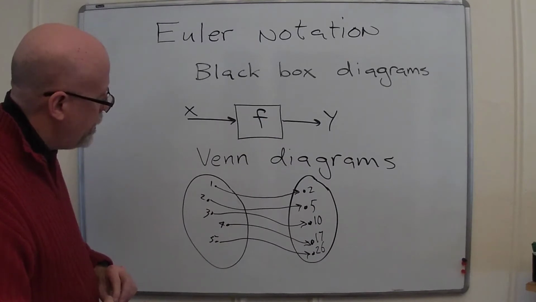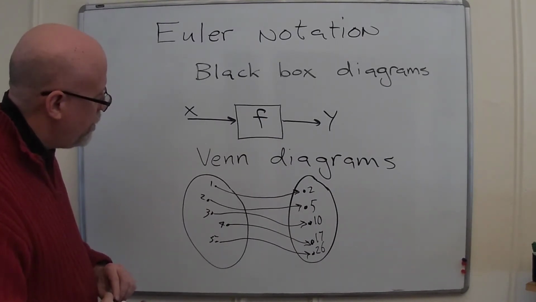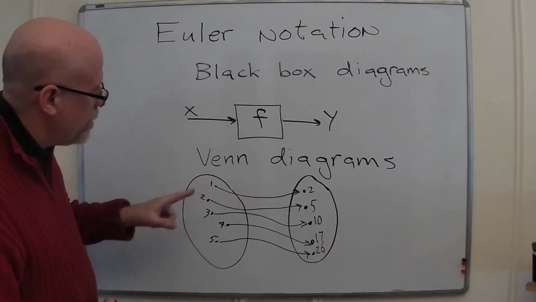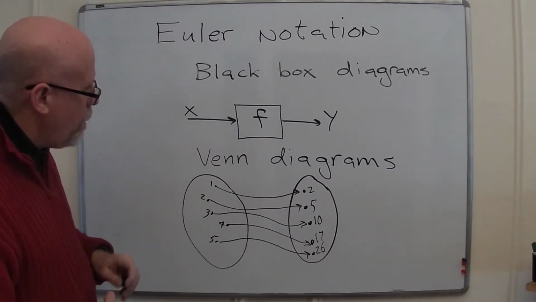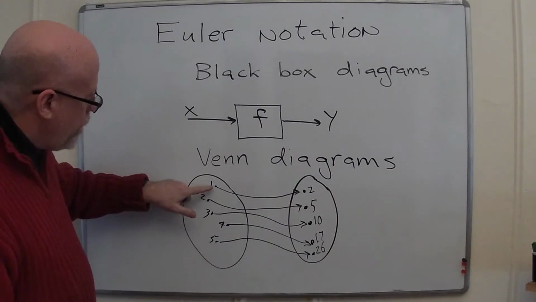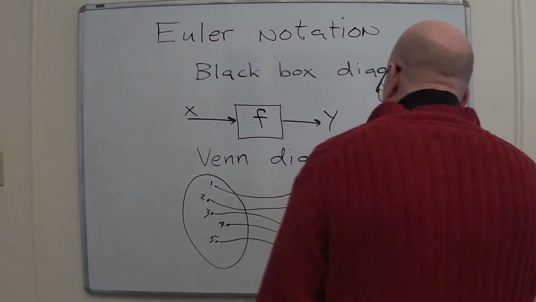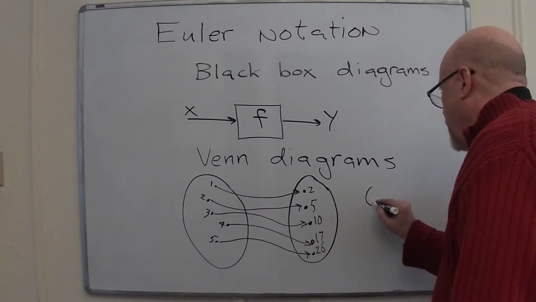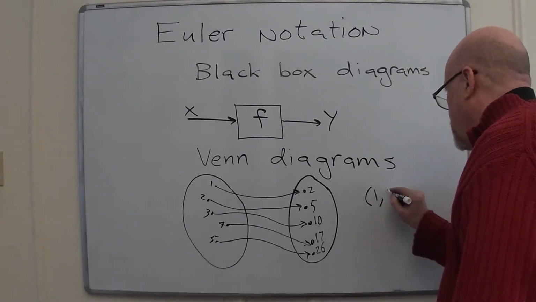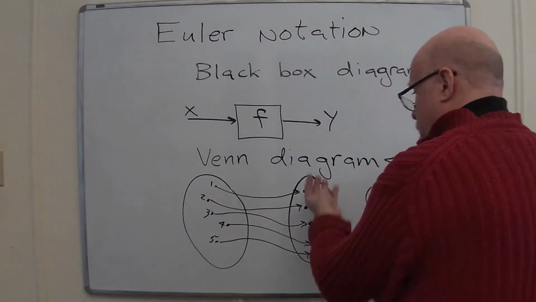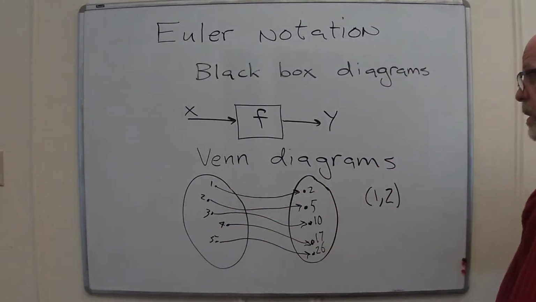There's a little bit of funny business that I should mention with the arrows on these kinds of diagrams. First of all, an arrow that connects 1 to 2 could be identified with a pair that has 1 in the x position and 2 in the y position. In fact, those are inputs and these are outputs, so x and y make sense.